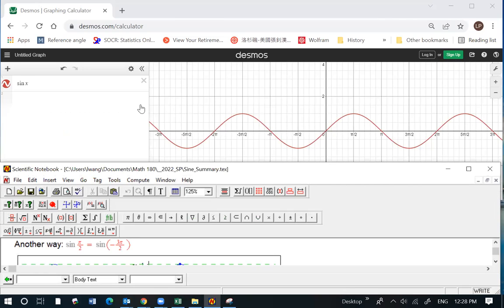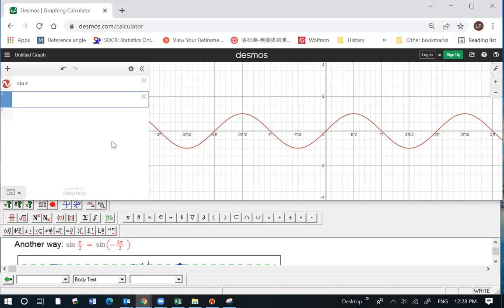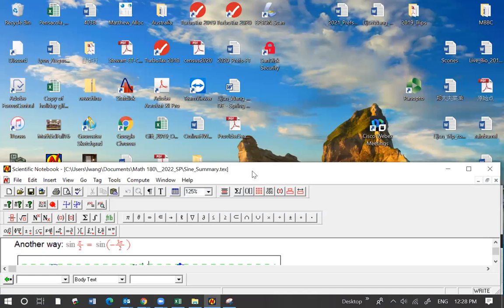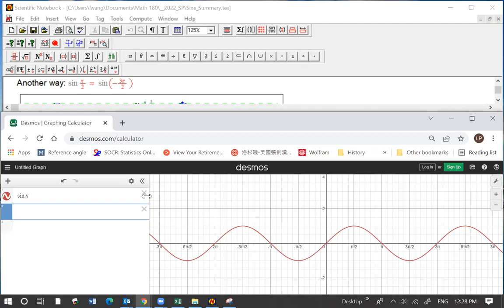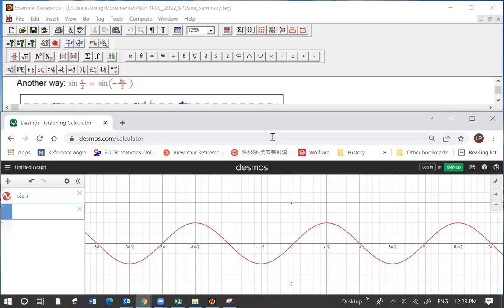Let's see, I need to bring this down and bring this guy up. Just 1 second, I'll be right with you on this picture. So here we're going to share both pictures.